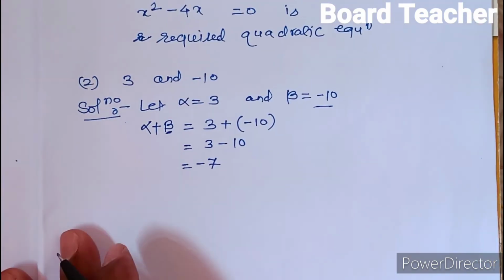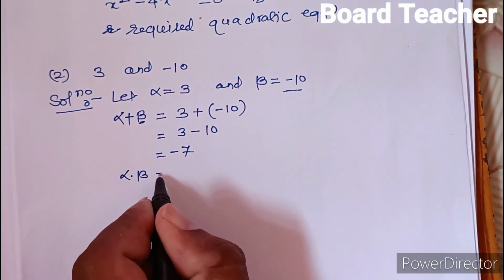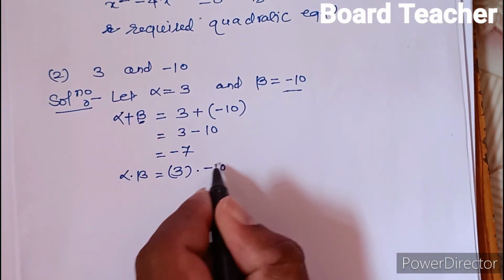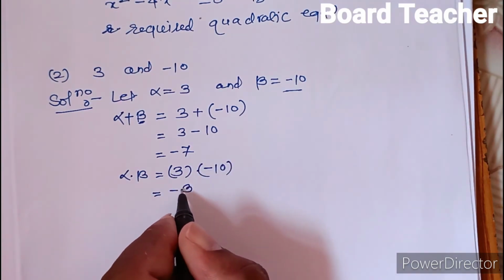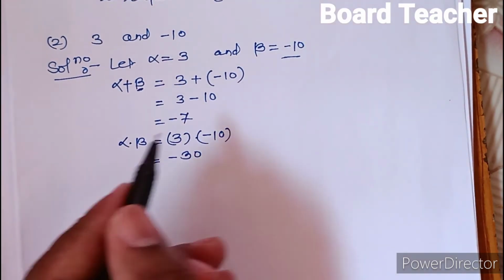Alpha plus beta equals minus 7. Product of the roots, alpha dot beta, equals 3 times minus 10, that will be minus 30. Now we get the values of sum of the roots and product of the roots.